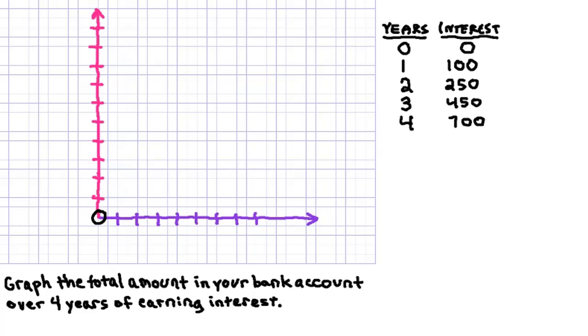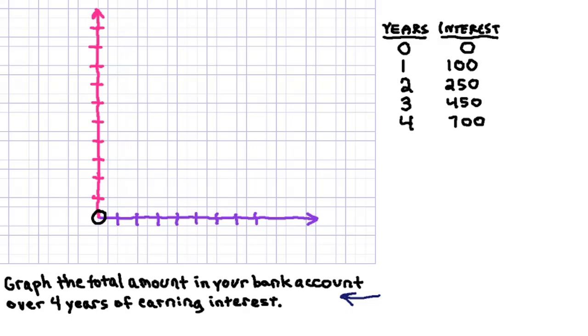Okay, so now that we did that problem, we're going to move on to a slightly more complex problem. It's the same problem, but notice the question down here has changed. The question down here is: graph the total amount in your bank account over 4 years of earning interest.